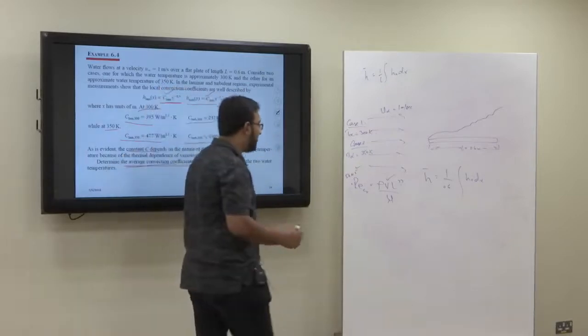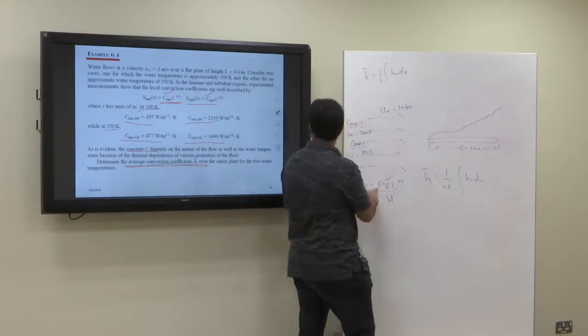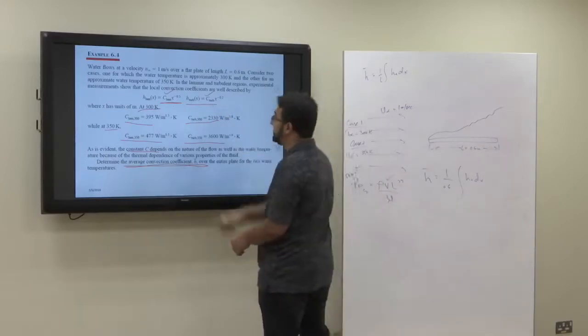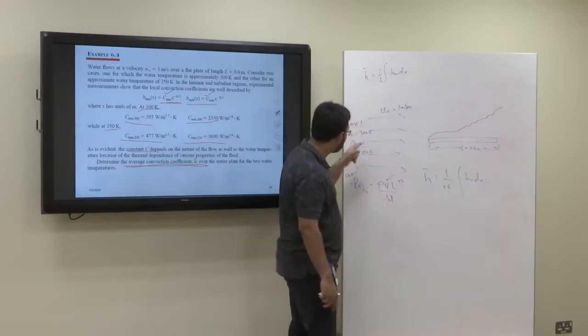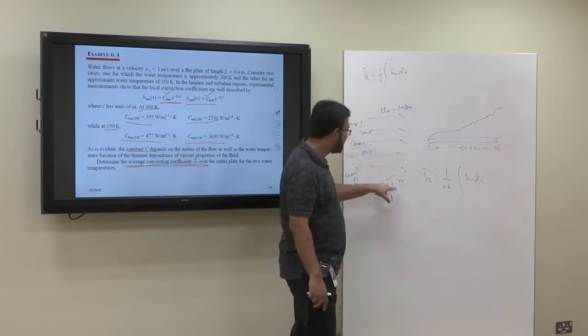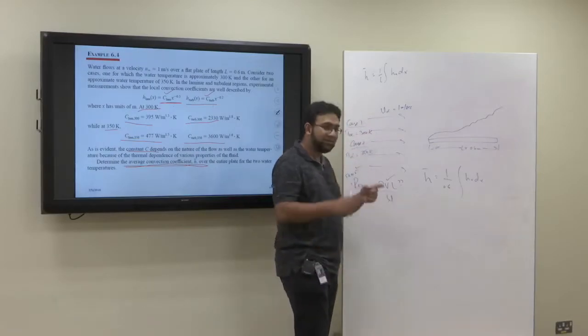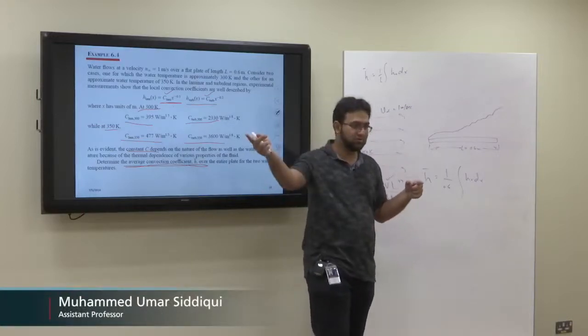This is water, right? Water flows at a velocity. We put the density for water and the viscosity for water at 300 Kelvin, and we get the length after which the flow becomes turbulent.